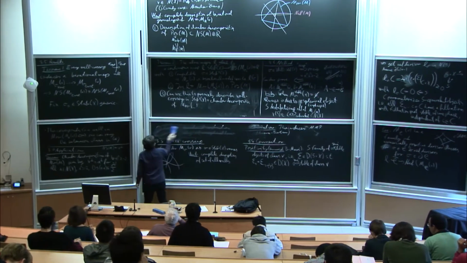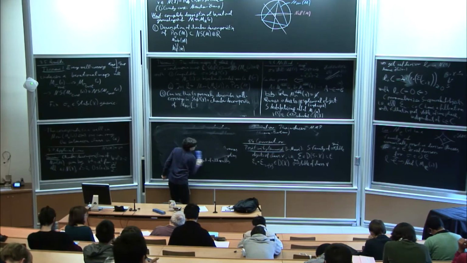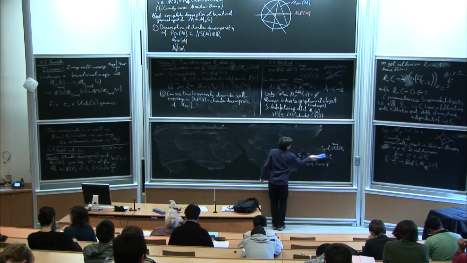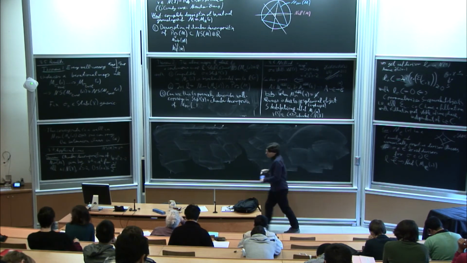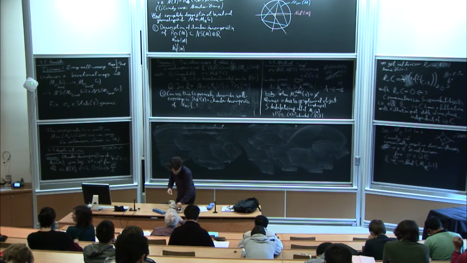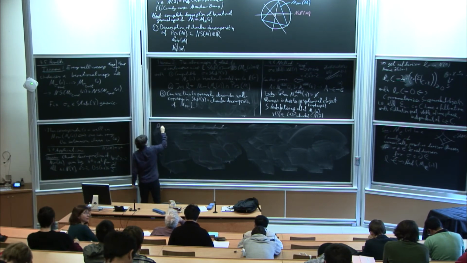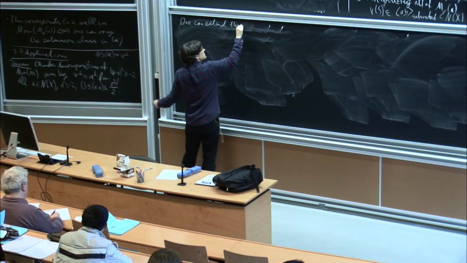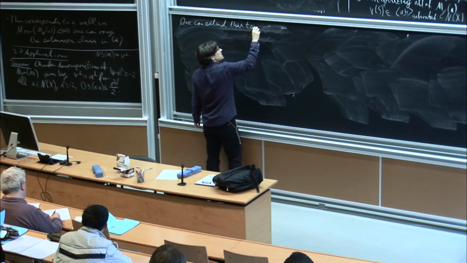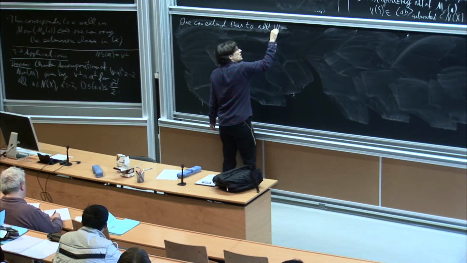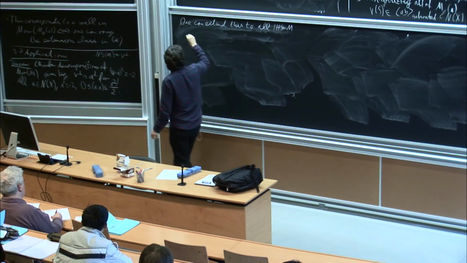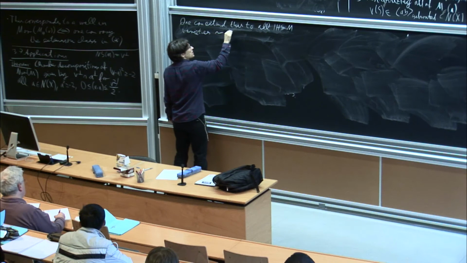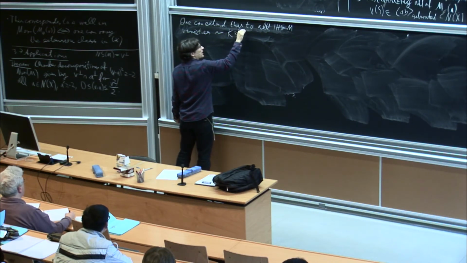Okay, and so one can extend this description to the whole deformation type, so to all irreducible holomorphic symplectic varieties deformation equivalent to the Hilbert scheme of points on the K3.